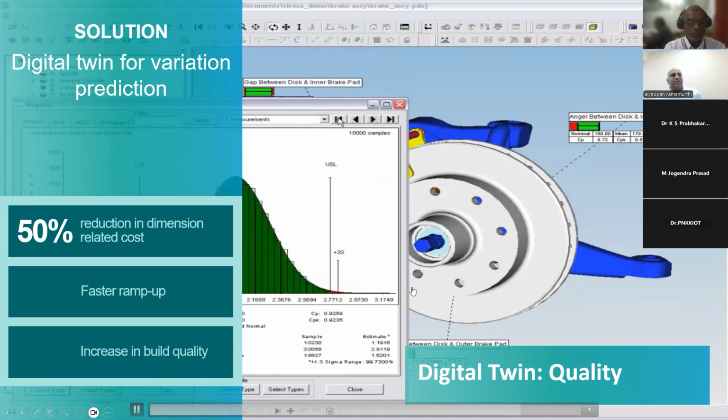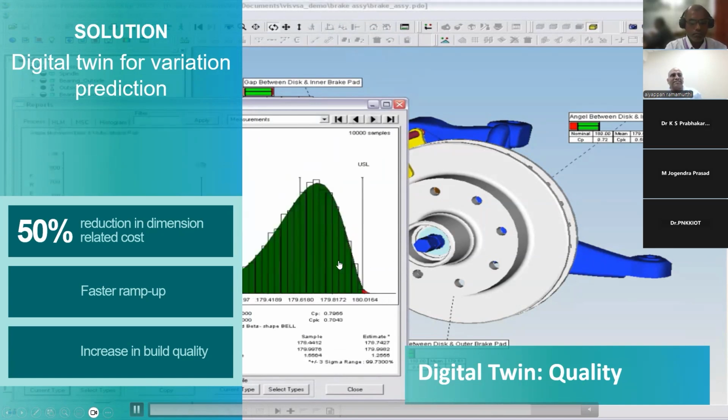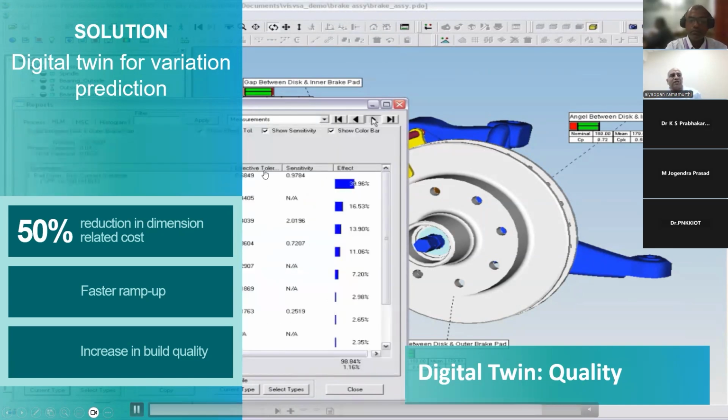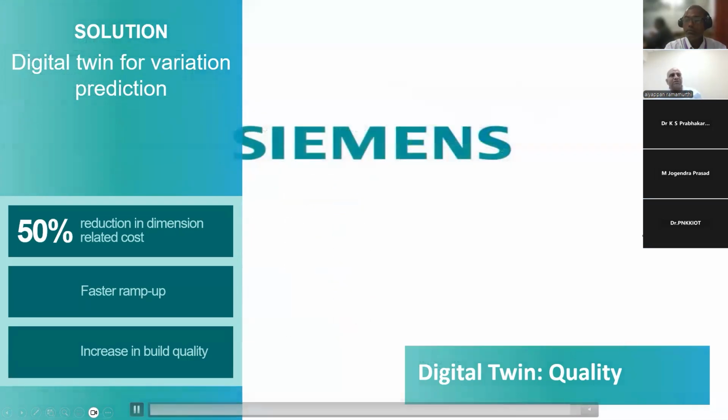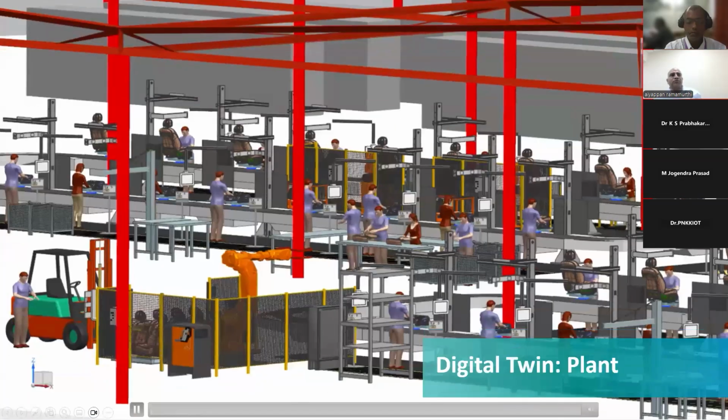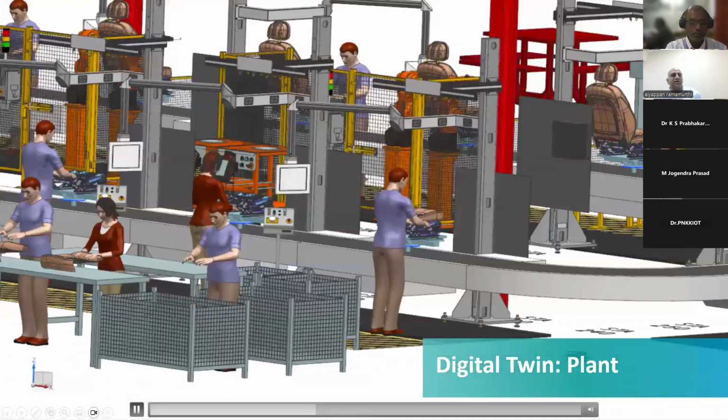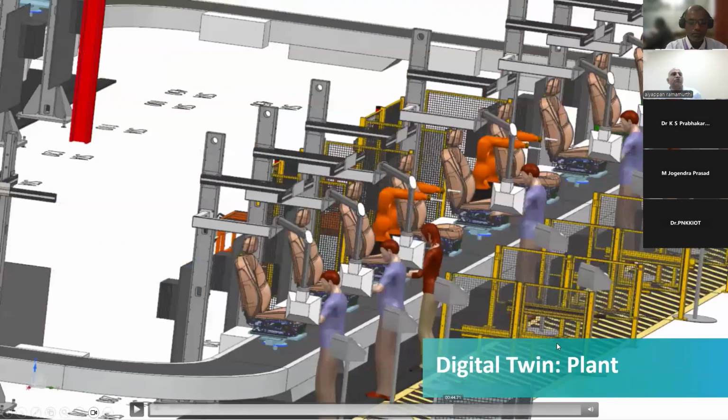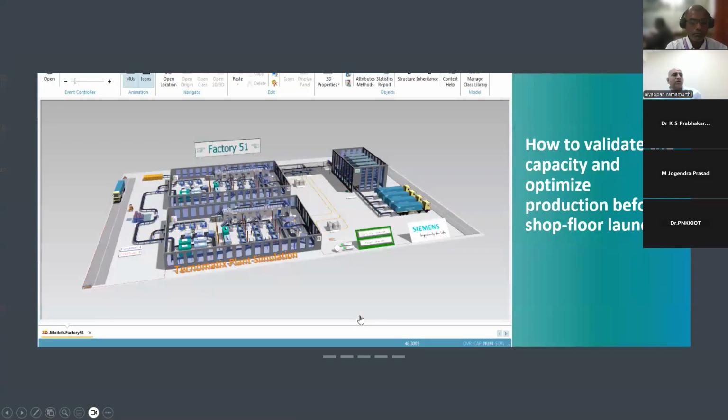If there are failures, can you produce this at a 6 sigma level, 3 sigma level? If there are problems, you can look at the Pareto, and at high, low, medium simulation, to identify the process parameter which actually creates the problem. So you can run the virtual quality to see how well we are able to improve.